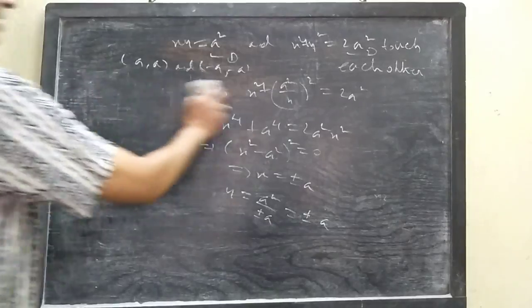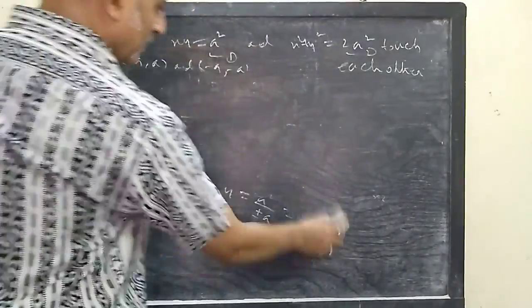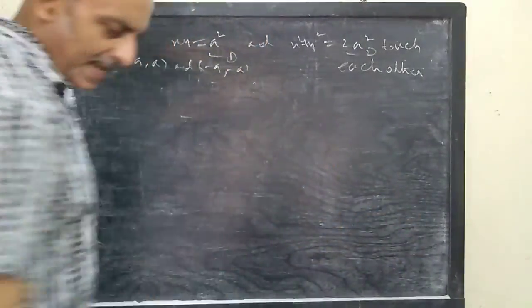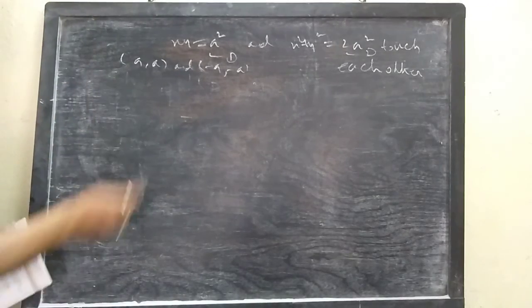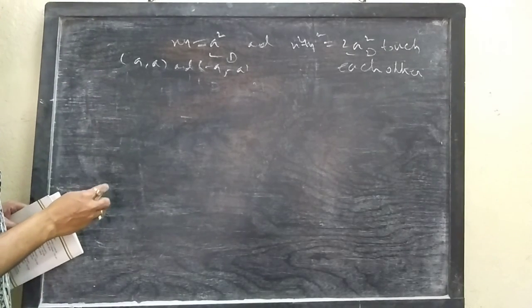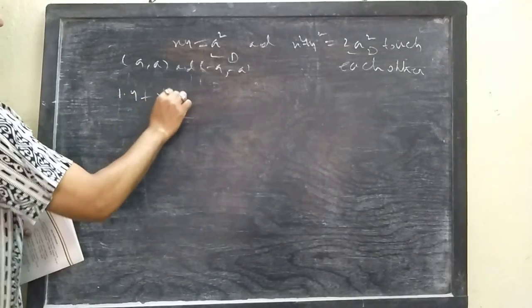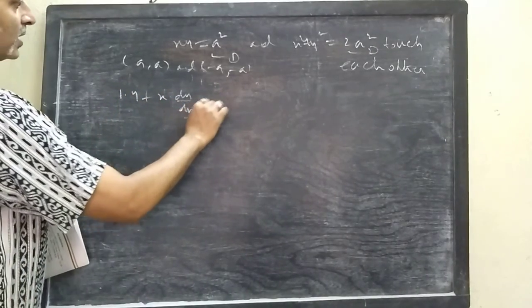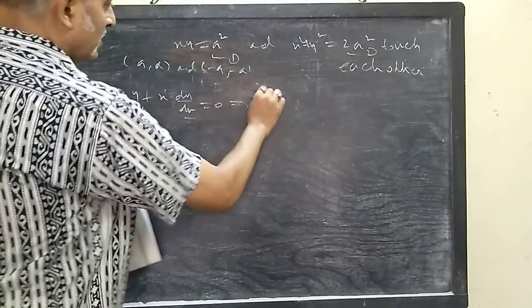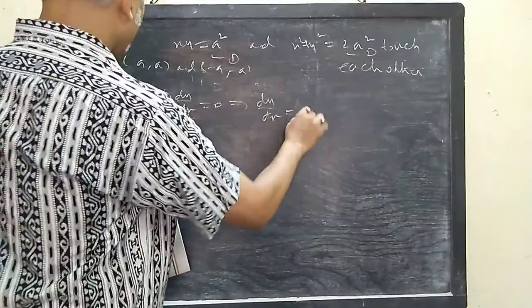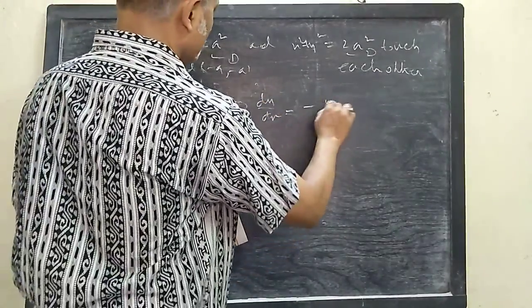Next our duty is to find tangents at these 2 points. For this, differentiate both sides of 1 with respect to x, we get 1 into y plus x into dy dx equals 0. That means dy dx equals minus y by x.